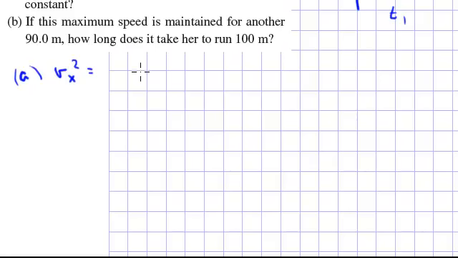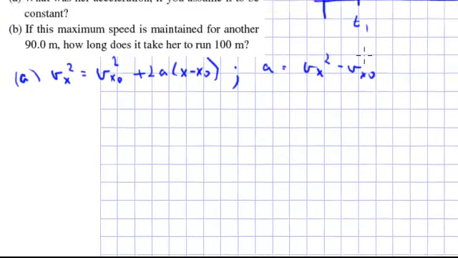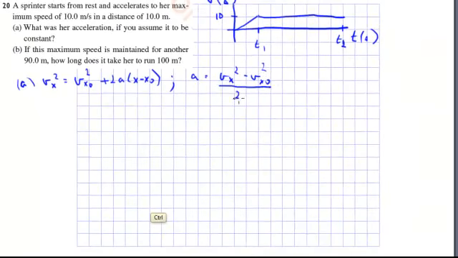Vx squared, velocity at some later displacement, is equal to the velocity at the starting displacement, in other words nothing for us because it's 0 meters per second to begin with, plus 2 times the acceleration times the displacement. So we can solve this equation for A. A is going to be equal to Vx squared minus Vx0 squared over 2 times the displacement.